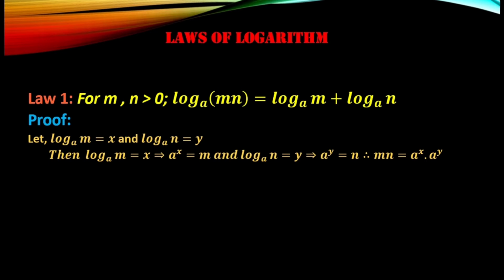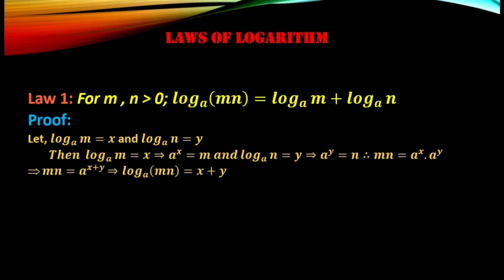If you are having problem in understanding this, then I would request you to watch our previous video, which is all about understanding the language of logarithm. So log of n to the base a equals y implies that a to the power y equals n. Therefore, if we multiply m and n from both these equations, then we would get a to the power x multiplied by a to the power y.